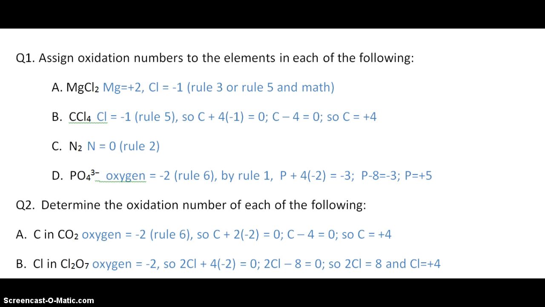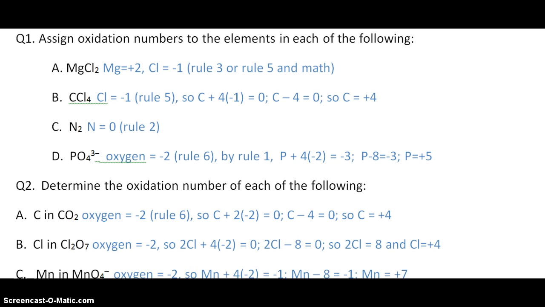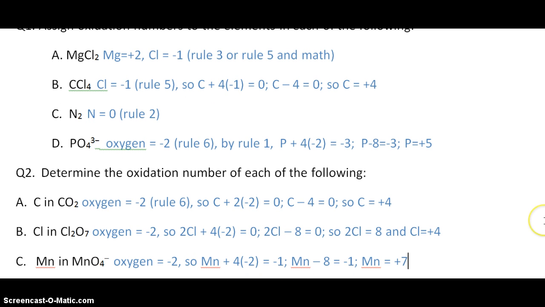We have carbon in carbon dioxide. Once again, we have a rule for oxygen, but we don't have a rule for carbon. So we'll just use Rule 6 for oxygen, and that says that oxygen is -2 unless it's paired with fluorine.